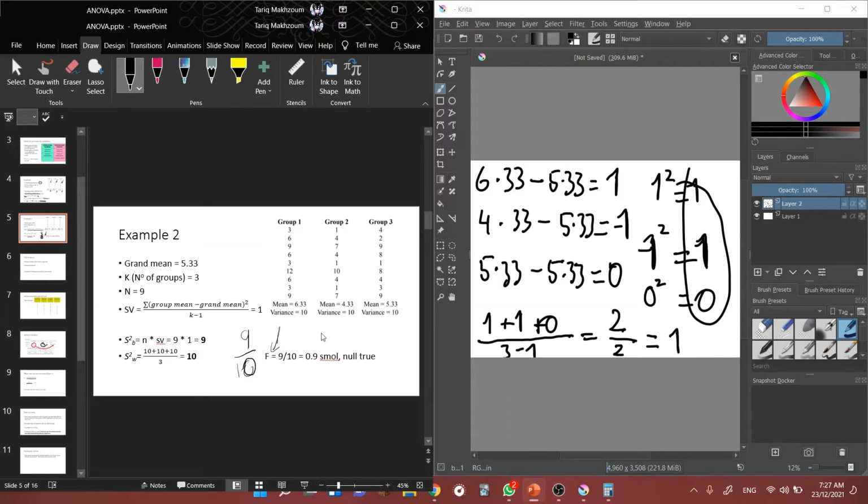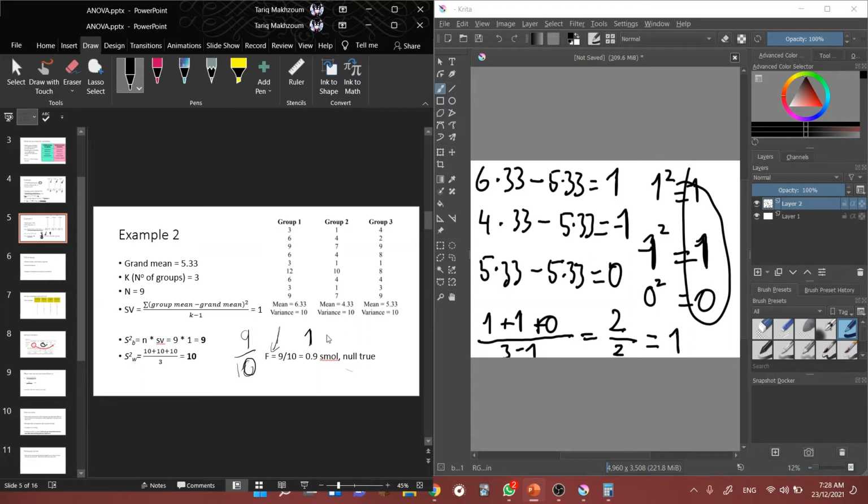Right, so when do you say that the null hypothesis is rejected and the drug works? When the between group variance is significantly bigger than the within group variance. Now I'm not actually sure how much bigger it has to be, but to stay on the safe side, if the F value, which is over here, is close to 1, then you're going to accept the null hypothesis and say the drug doesn't work.